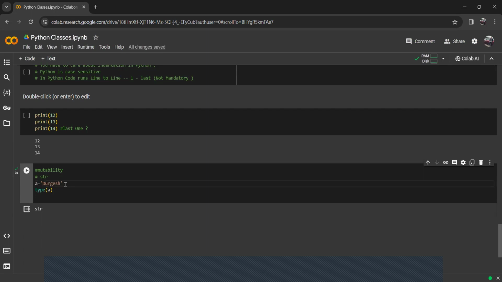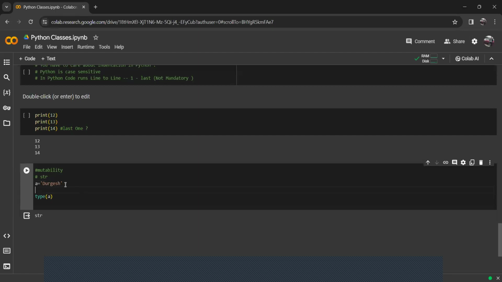If you make anything a string, you cannot replace anything in it. So strings are immutable. Immutable means when you have defined a data structure and it holds some values, if you are able to change those values, then it is mutable. If you are not able to change those values, then it is immutable.